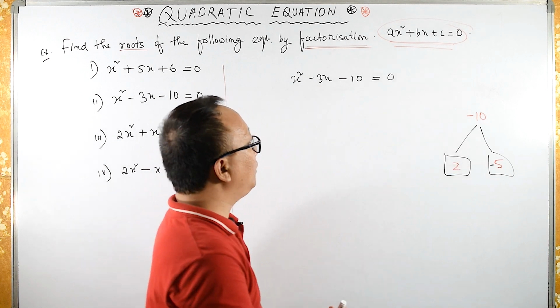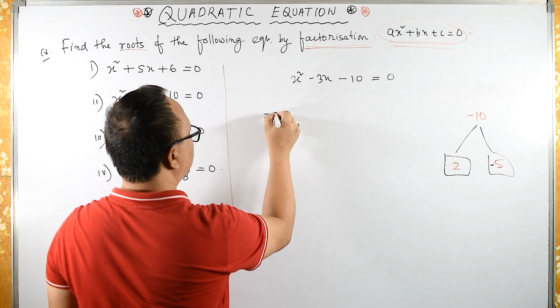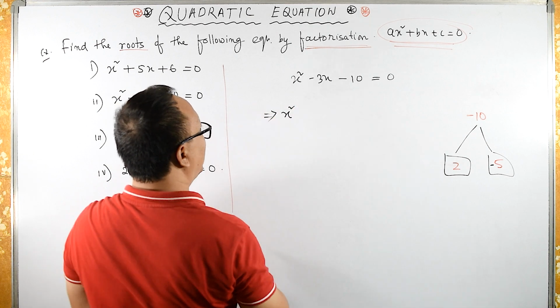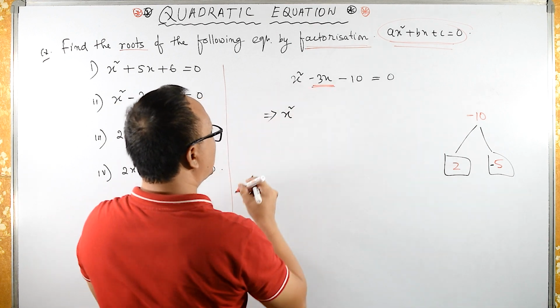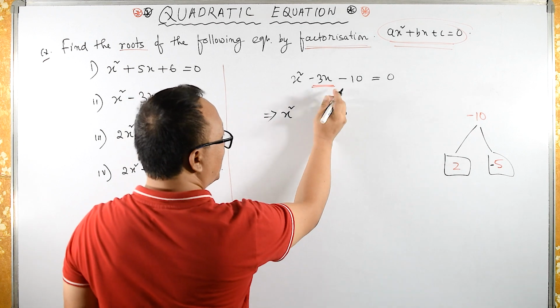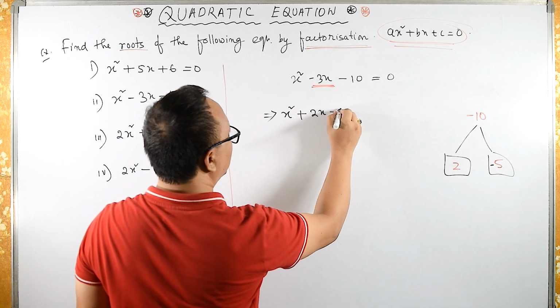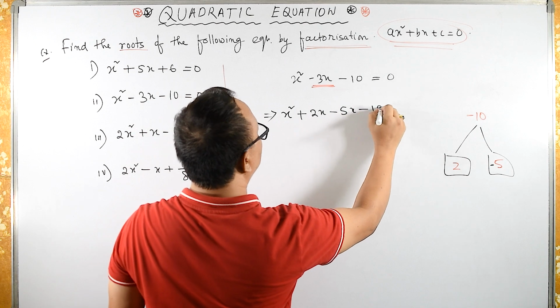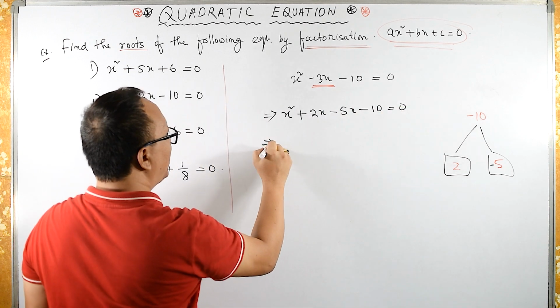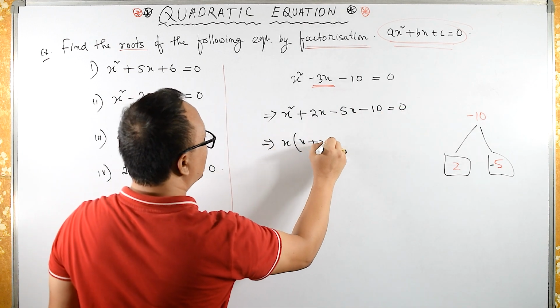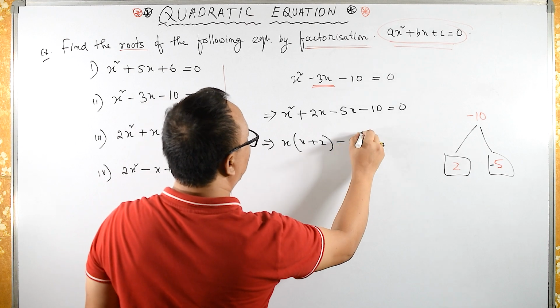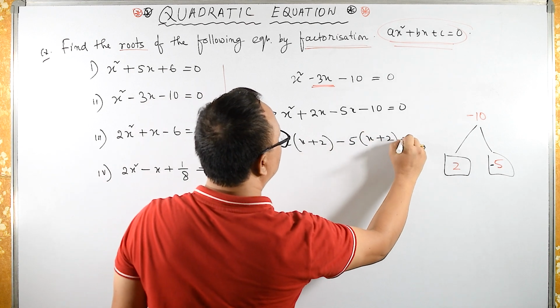So this can be written by splitting the middle term: instead of minus 3x, I can say plus 2x minus 5x minus 10 equals to 0. From here, I can take x common: x plus 2, minus 5 times x plus 2 is equals to 0.